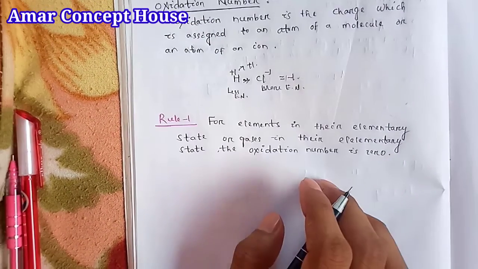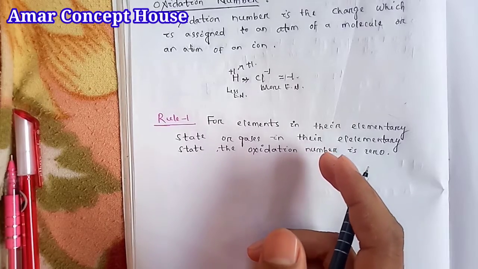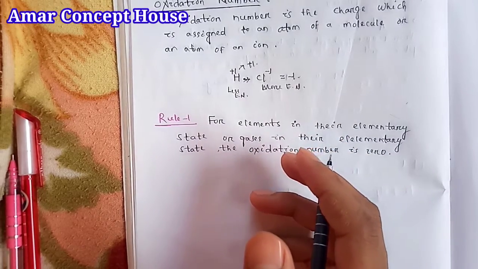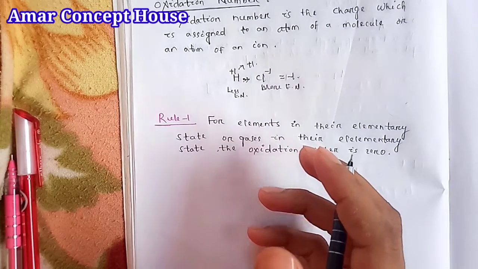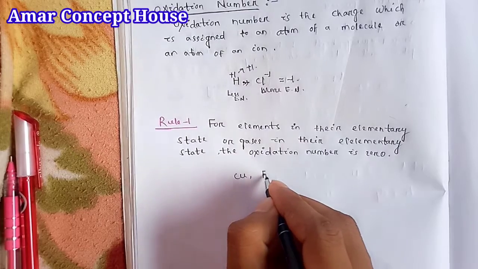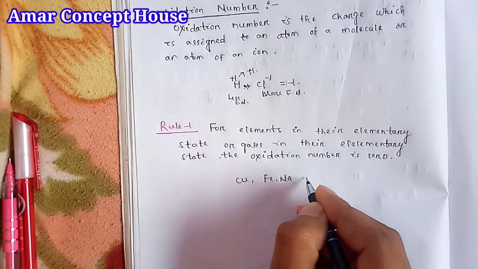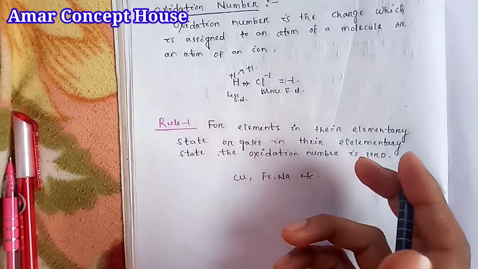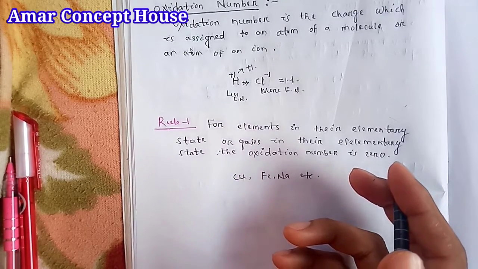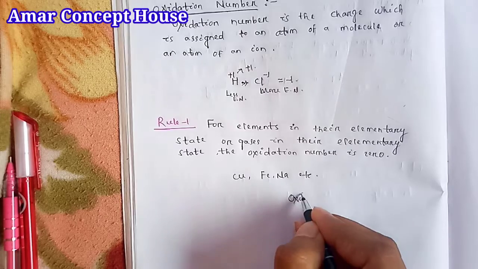The oxidation number of an atom of any free element is 0. The oxidation number of any atom in a molecule of a single element is also 0. For example, elements like copper, iron, sodium, sulfur, etc. in their natural or elementary state have oxidation number 0.